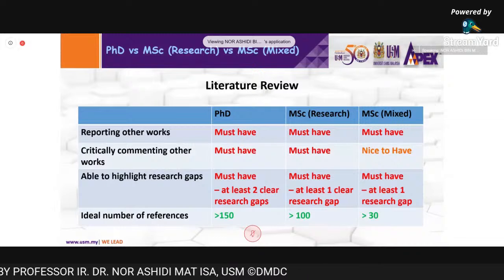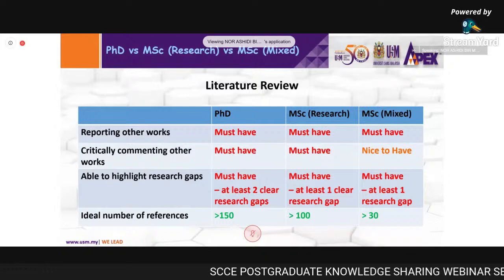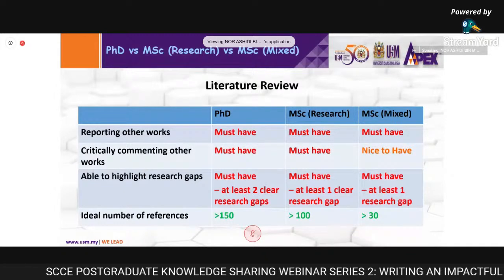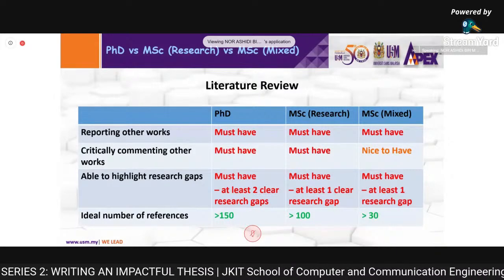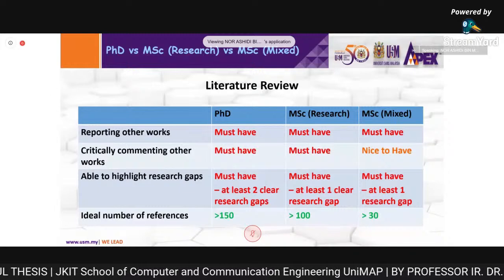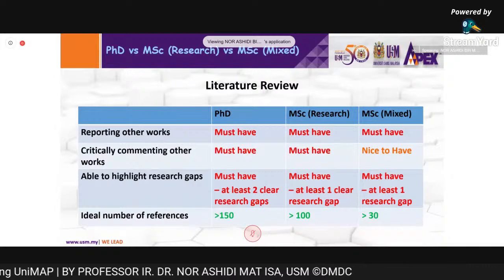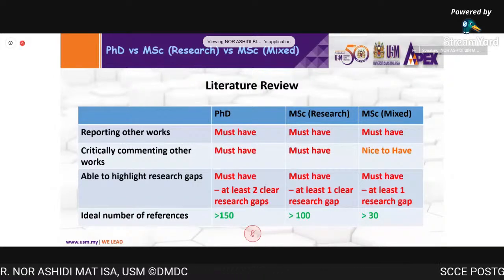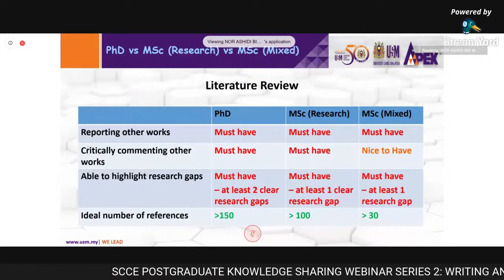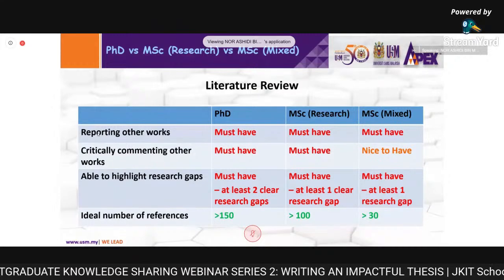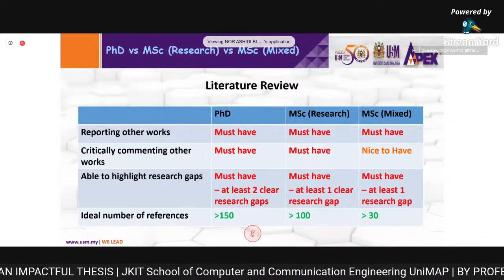Maybe some of the references that you use in your thesis, you just add them in order to add more references, but you do not clearly or thoroughly discuss or report their works. So for me, that one is not countable. The counted ones are the references that you use in your report and also in your critical comments. Basically, the state of the art methods which are relevant and related to your works.